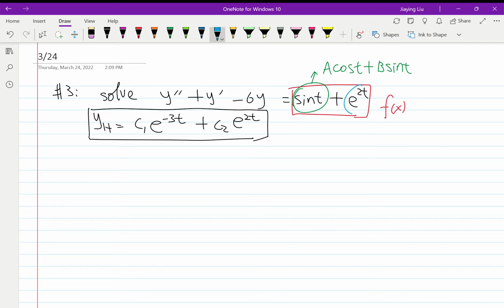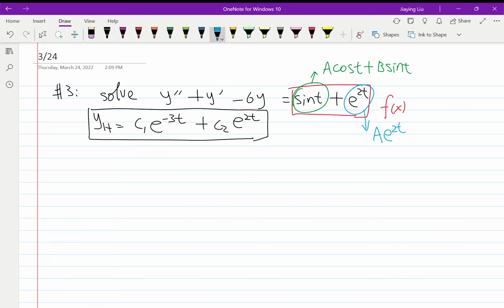And then what about if we have e to the 2t? Well, if we just have e to the 2t, normally we will guess the particular solution to be a different constant times e to the 2t, right? That's what the guess will be.